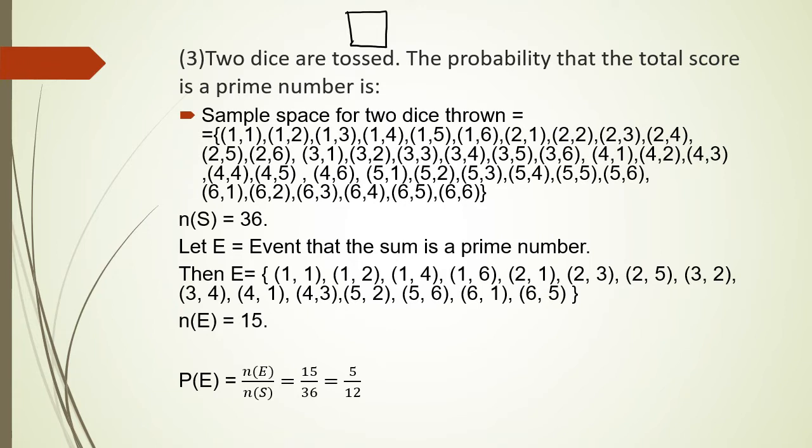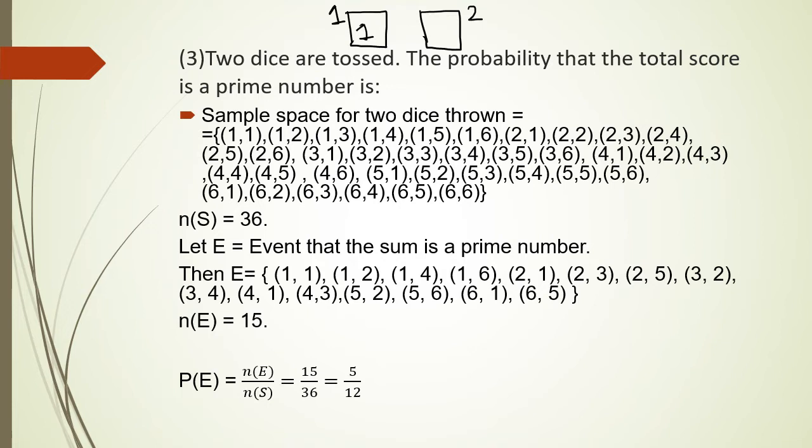So for two of them, this will be my two dice. We have to find out the sample space first of all when two dice are tossed. This is my dice number 1 and this is my second dice. Suppose on the first dice I have the number 1, and on the second dice I can have all the 6 numbers: 1, 2, 3, 4, 5 and 6.